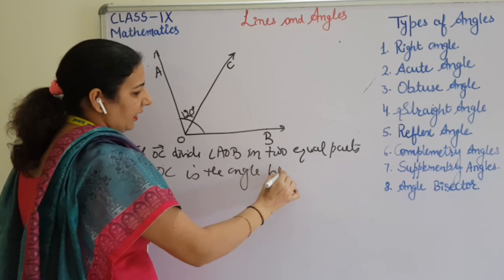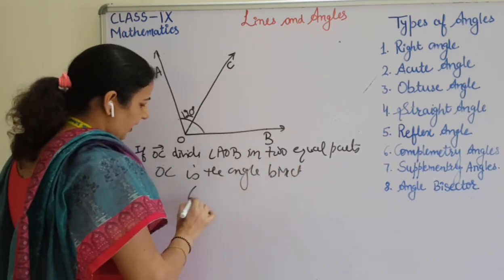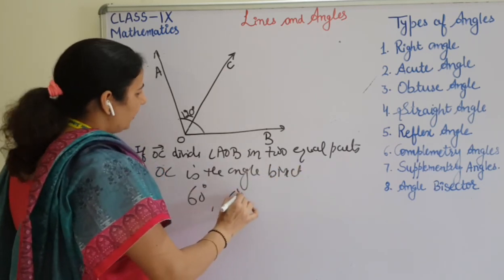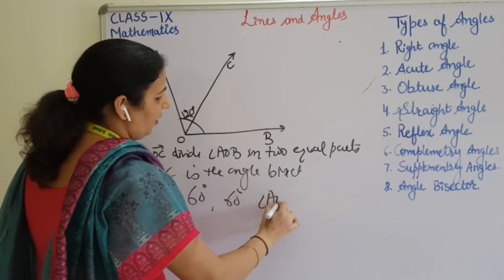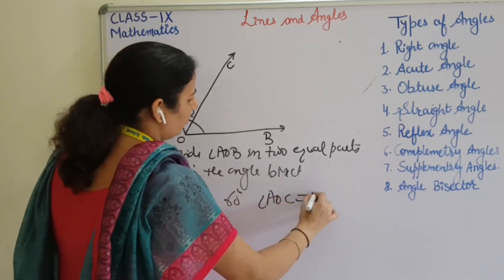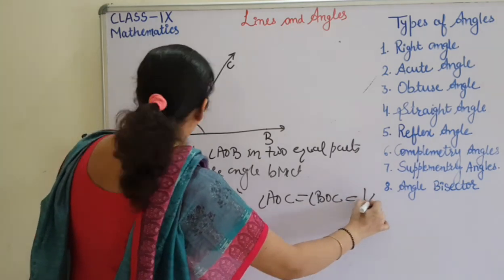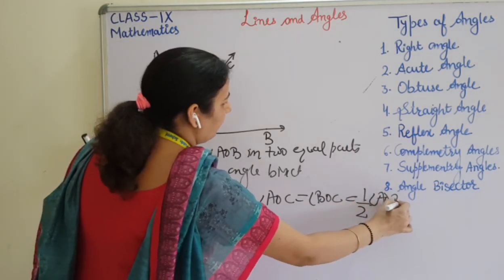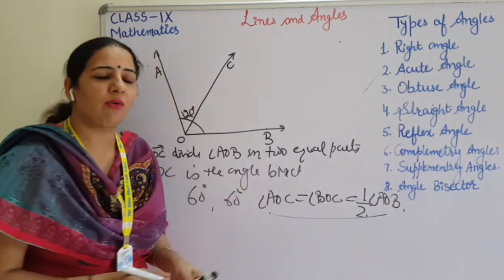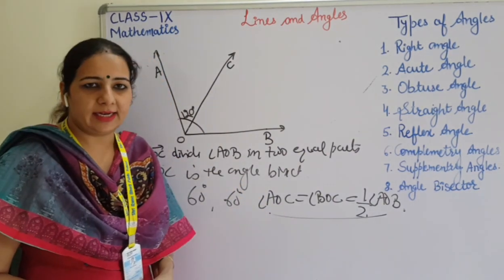It has divided the angle into 60 degree and 60 degree. It means AOC is equal to BOC, which is also equal to half of angle AOB. So this is all about the angle bisector.